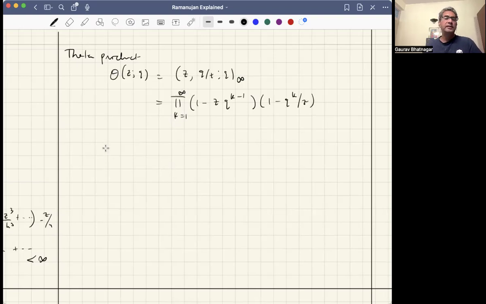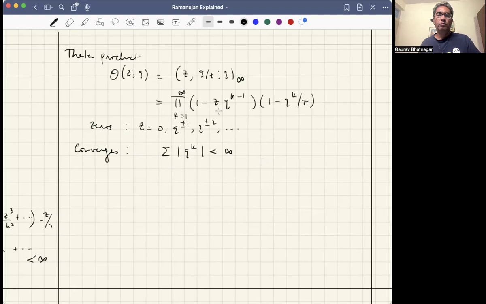And the zeros are at z equal to q raised to plus minus 1, q raised to plus minus 2, and so on. We showed this converges because the summation of q raised to k converges. So both these products independently converge for z not equal to 0 and q less than 1.